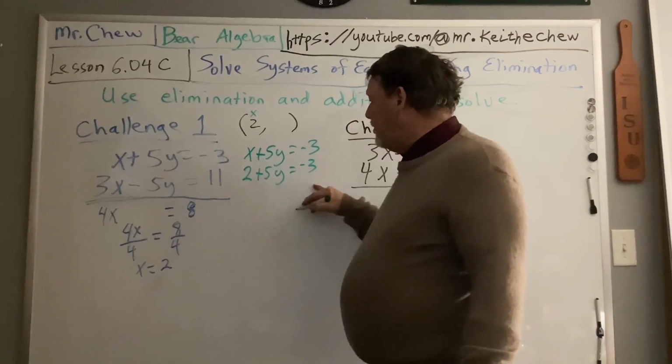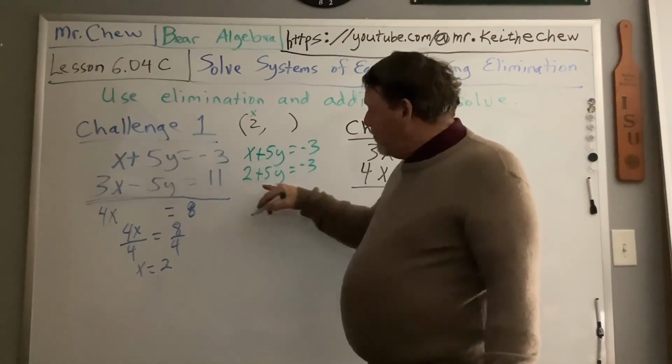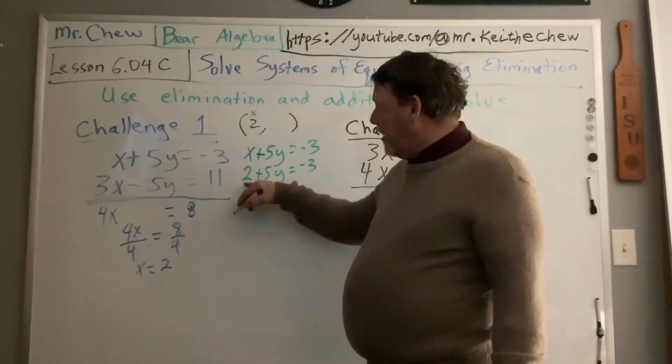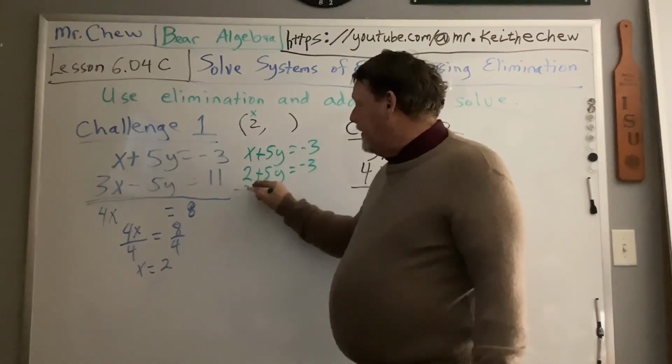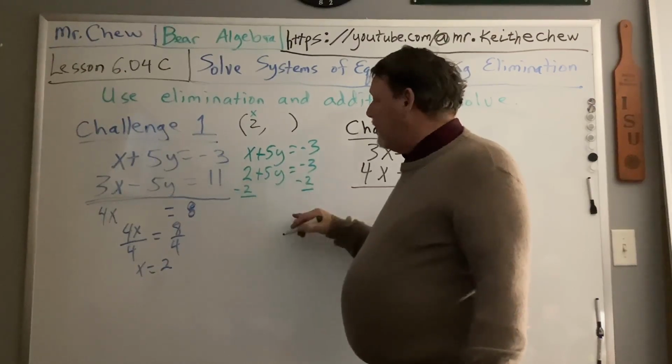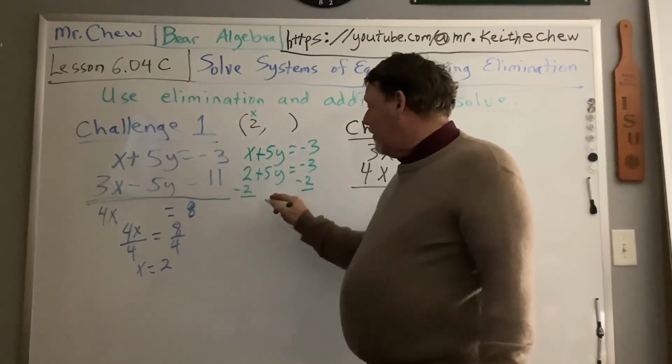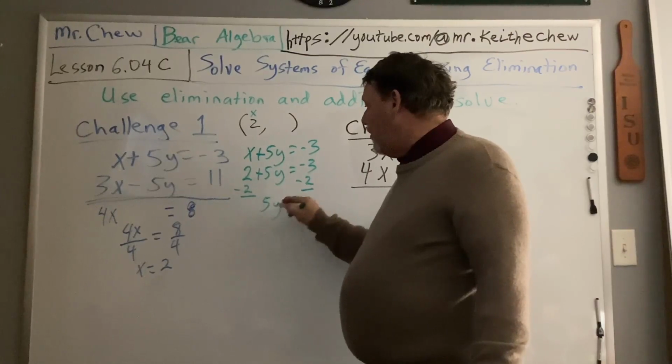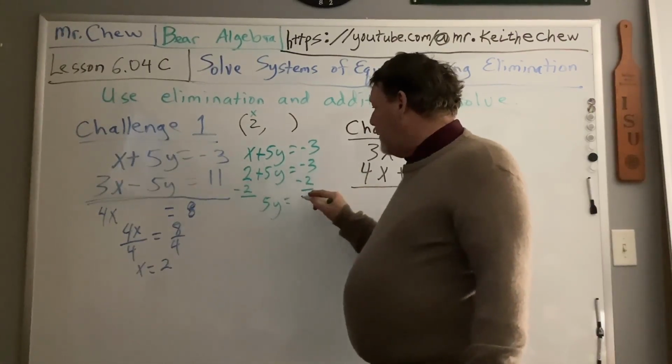I'm going to solve this two-step equation now by doing the inverse operation of adding 2. And that's subtracting 2 from the left, subtracting 2 from the right. 2 minus 2 is 0. 0 plus 5y is 5y. And negative 3 minus 2 is negative 5.